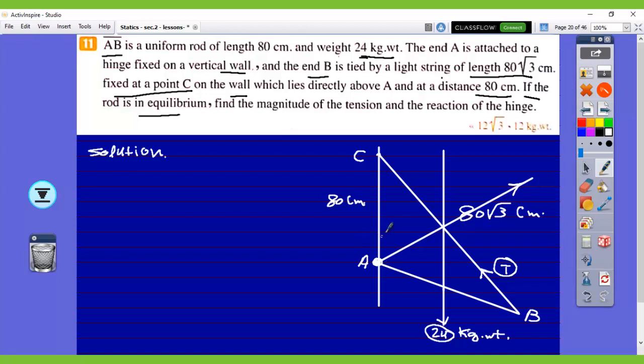The triangle ACD, I'll put another point here, D, like this.